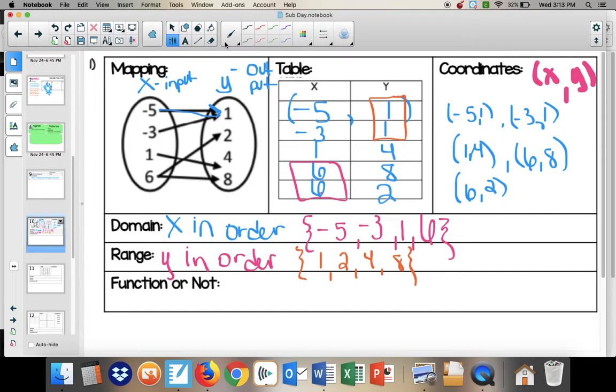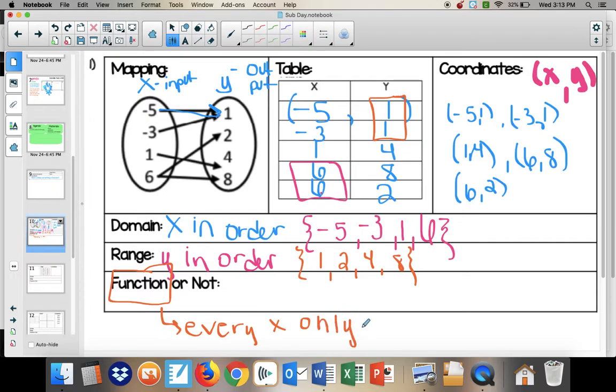Now, to tell if something is a function or not, a function uses every x only one time. So your x should only show up once.